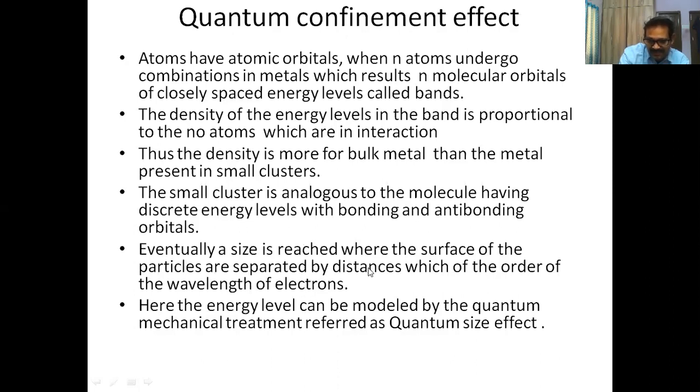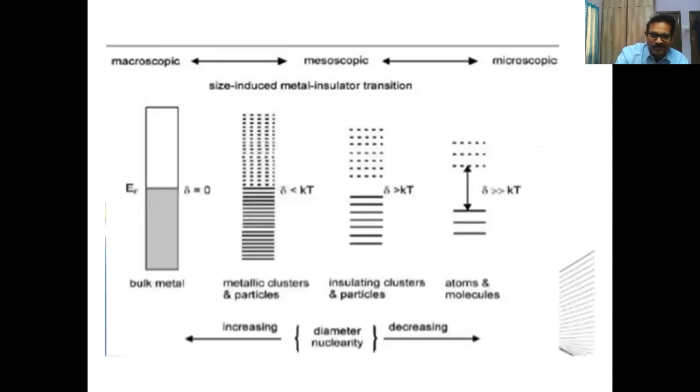So this spacing and the wavelength of electrons are of the same order. That we normally call the quantum size effect, or otherwise the quantum confinement effect. So this plays a more important role even in the properties.